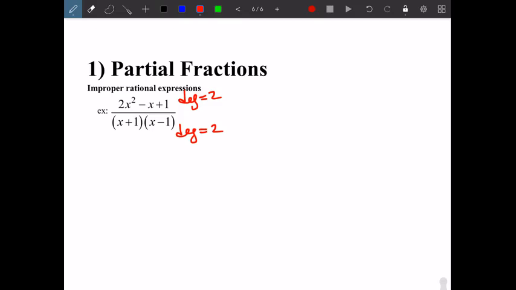So, in order to get rid of this improper expression, I need to start by dividing 2x squared plus 1 by the denominator. If I expand the denominator, I end up with x squared minus 1. So I start by dividing the numerator by the denominator.